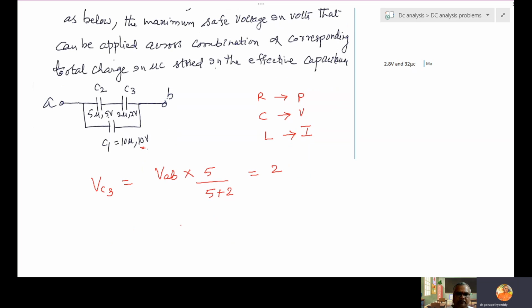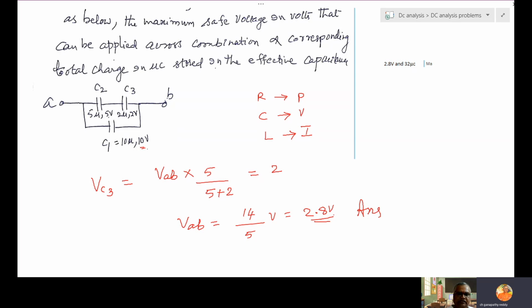From this, what is VAB? 5 plus 2, 7. 7 into 2, 14. 14 by 5. This is nothing but 2.8 volts. So maximum we can apply voltage across AB is 2.8.